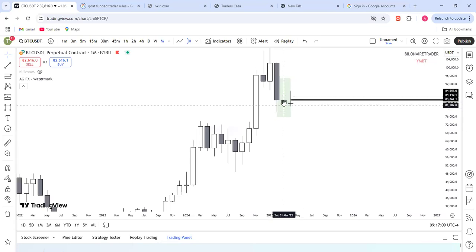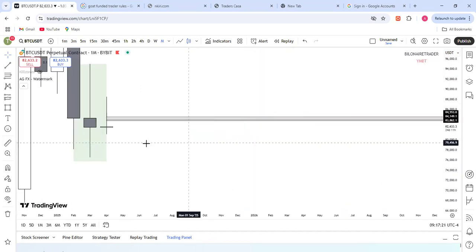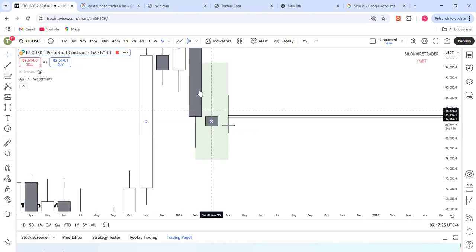And this candle here is on the monthly time frame, and what does it represent? We are now in April, so this is for the month of March. It means this candle represents the whole of what the market did in the month of March, because we are on the monthly time frame.